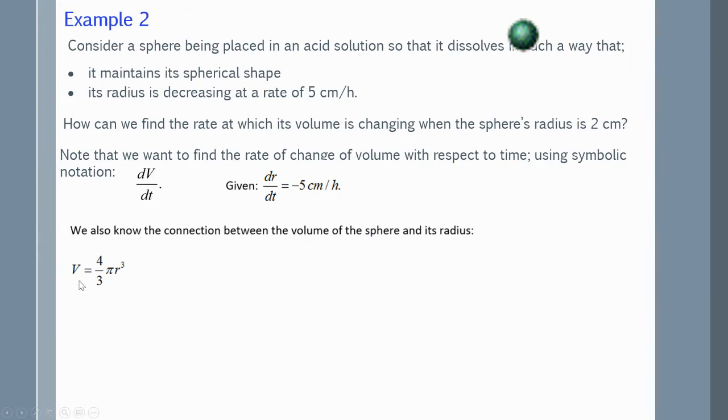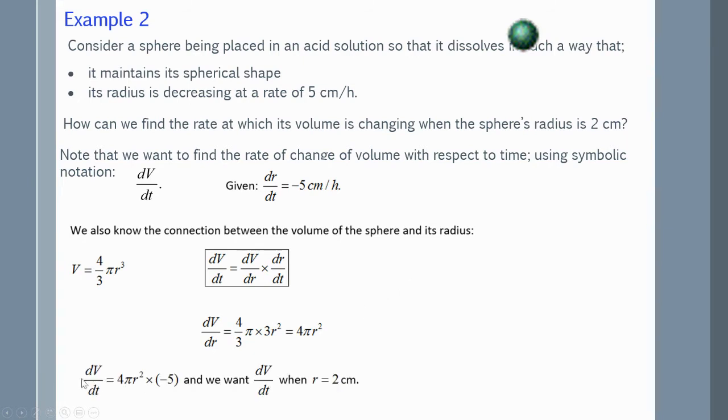The relationship between the volume of a sphere and the radius is given in your formula booklet, 4/3 pi r cubed. We differentiate this expression to substitute into our related rates. So dV/dr is 4/3 pi times 3 r squared, which simplifies to 4 pi r squared.